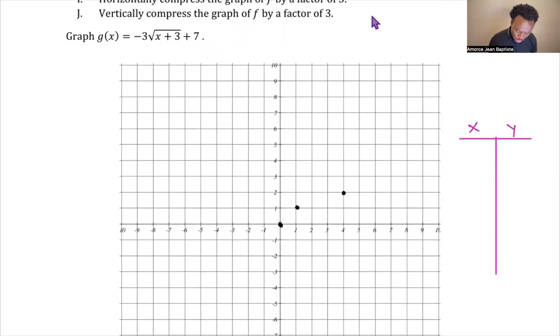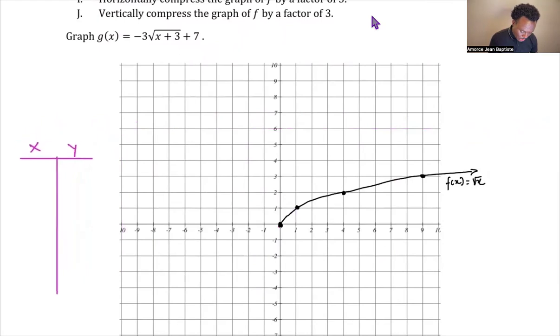X equals 9, square root of x would be 3. So that would be enough points for me to sketch the parent function. So that's f of x equals square root of x.